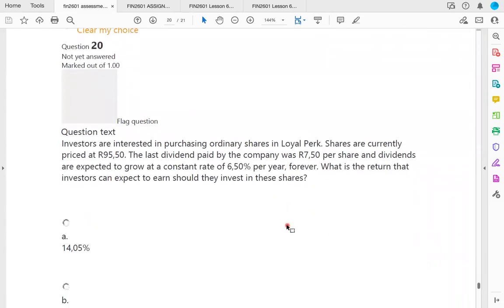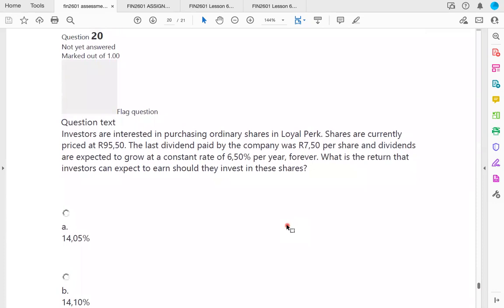And then finally, question 20. Now, the key thing with question 20 when you're dealing with share valuations is that we have this formula. There are four important formulas you need to know.